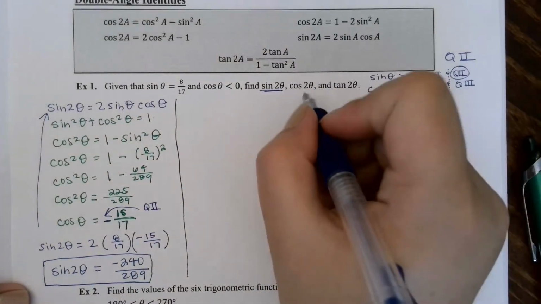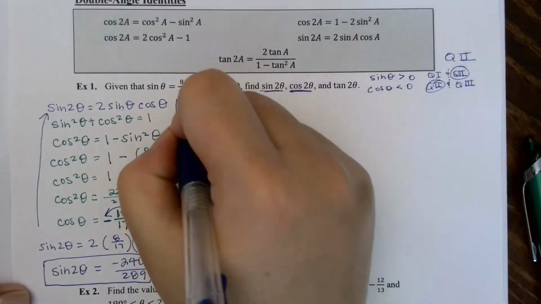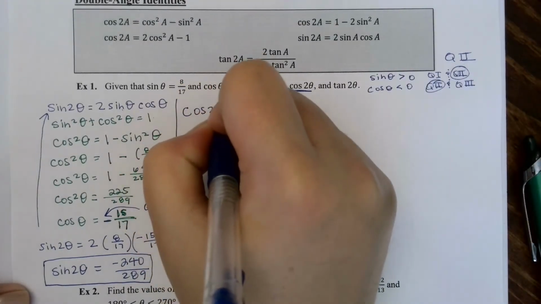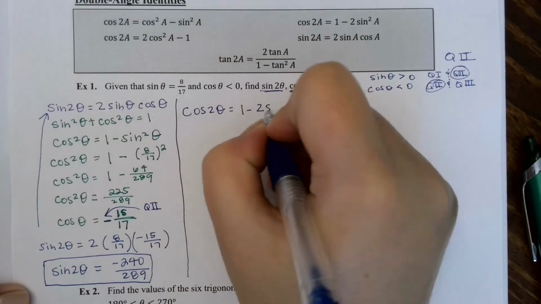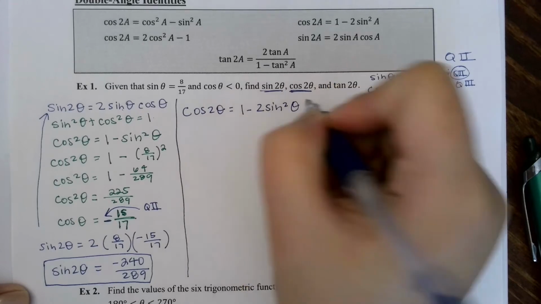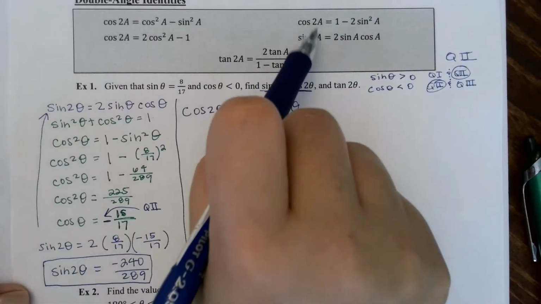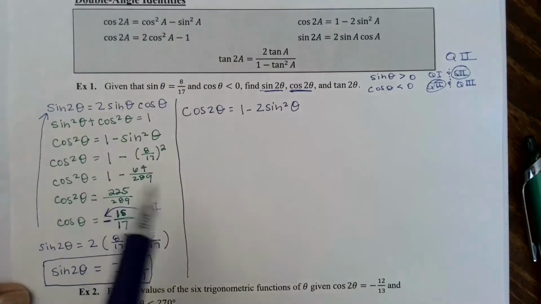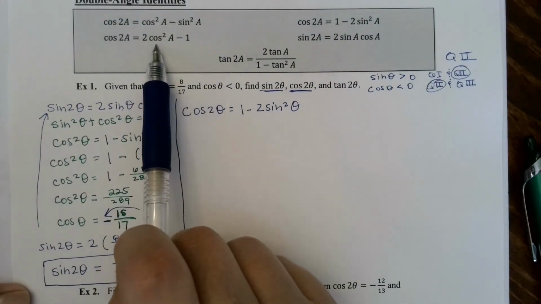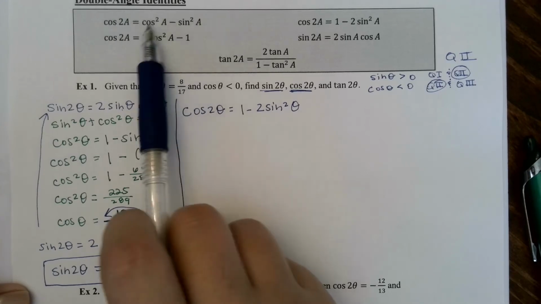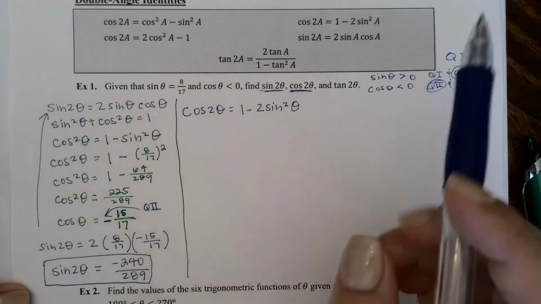Okay, the next one is to solve for cosine 2 theta. So cosine 2 theta is equal to 1 minus 2 times sine squared theta. You can use any of these, just plug in the ones that we found. If you use this, plug in the negative 15 over 17. Here you'd have to plug in both of them, but I'm just going to use this one since we were given sine to begin with.